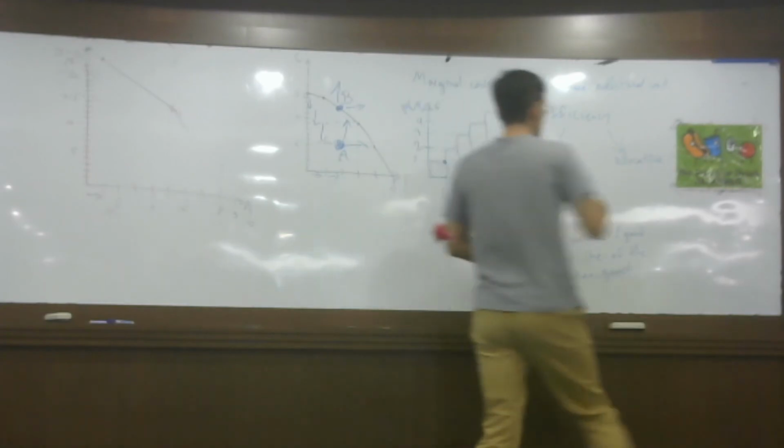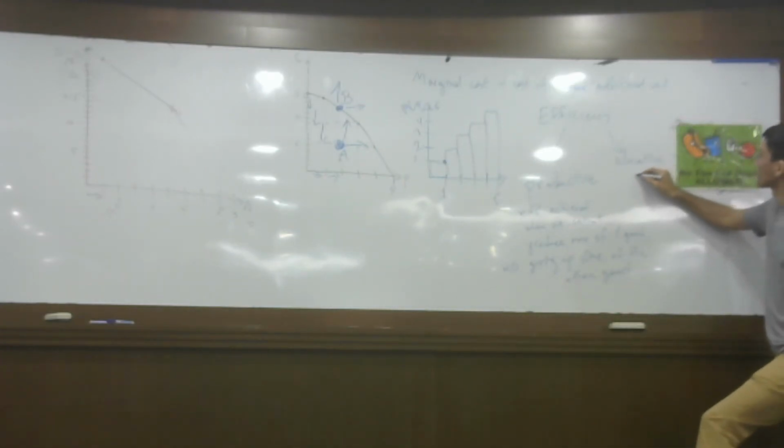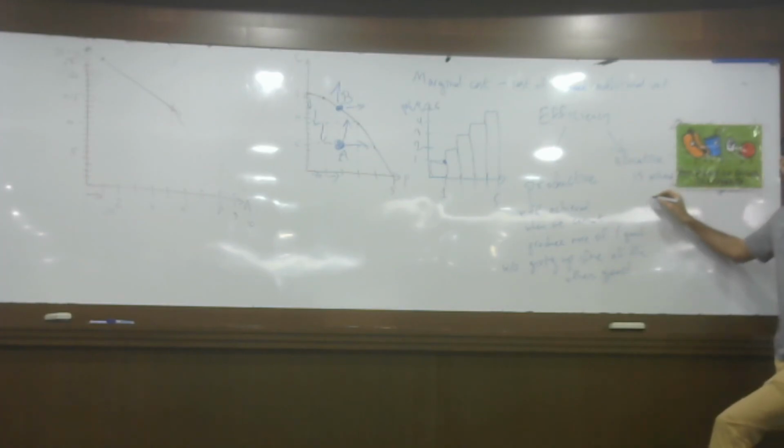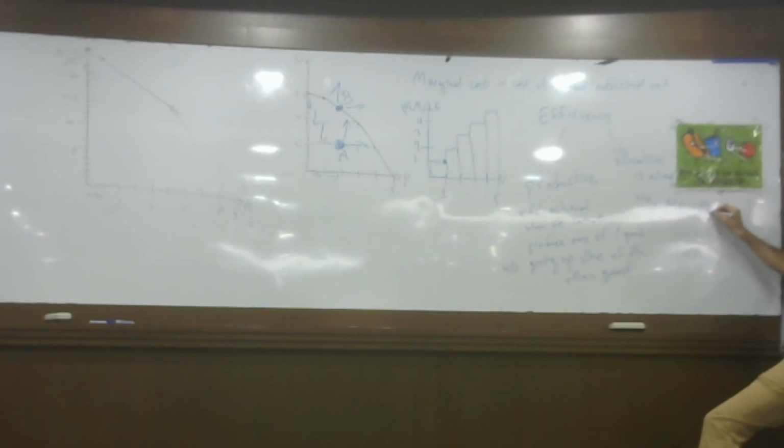For allocative efficiency, allocative efficiency is achieved when marginal cost equals marginal benefit. Remember we talked about it last week, when you chose how many ice creams to eat, when you chose how many kilos of fertilizer to add to the garden.